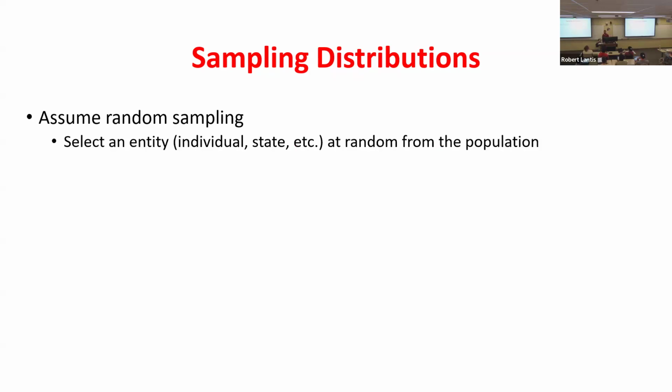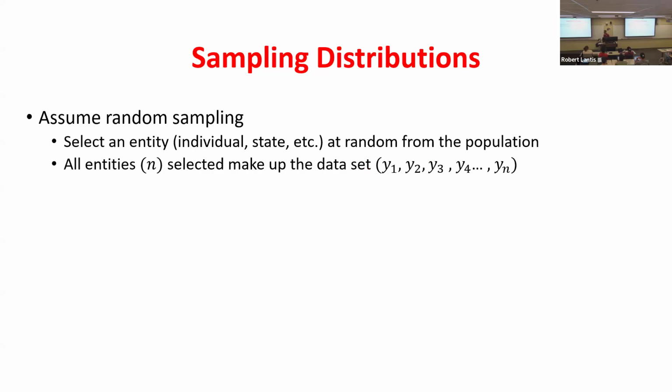So if instead I don't have the actual population data, all I have is a sample, like 50 observations. What's going to be true is if I took enough samples, so this could be a group of states, individuals, firms, a small group of countries where I don't have every single country, state, or individual. We'll start notating this as not capital N for my population size, but lowercase n for my sample size.